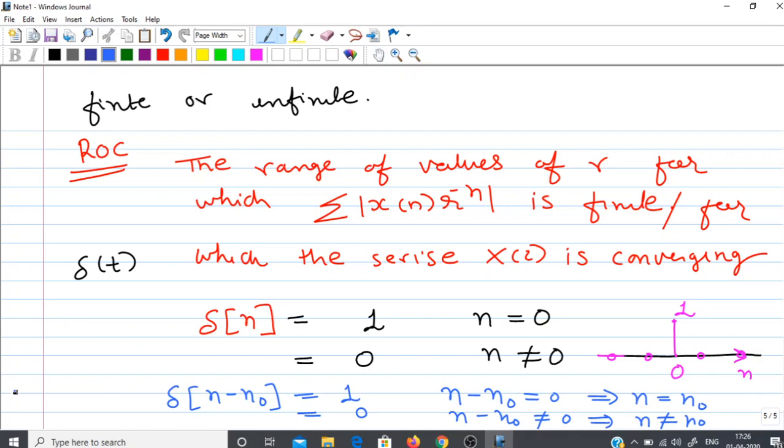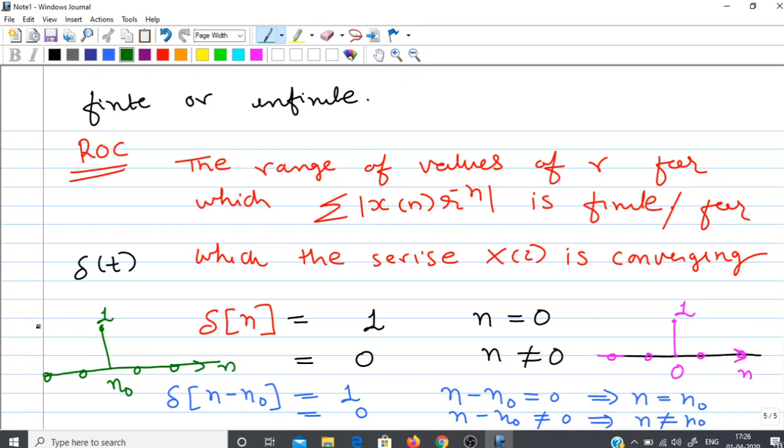So if you draw this shifted version of impulse, how will it look? It looks like this. Here it is again 1. Its strength is 1, its amplitude is 1, but not at n equals 0. This point is n naught. And elsewhere these values are 0.